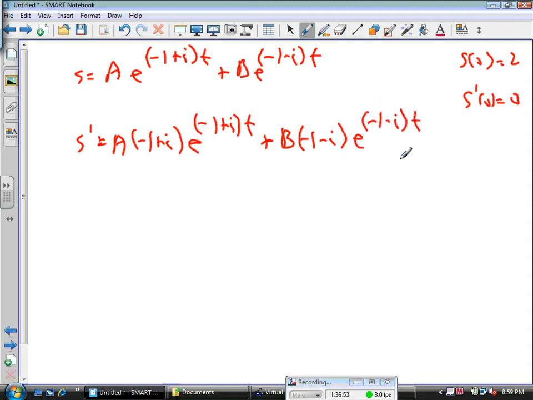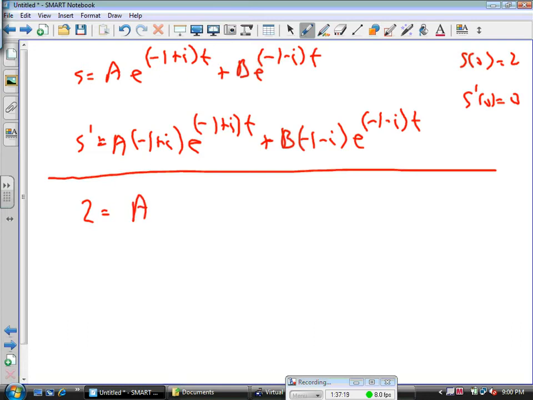Now this looks like a beast, and it is. But my promise to you is once you plug in the initial conditions and you apply Euler's identity, all the i's go away. Okay, hang on. Here we go. Let's plug in S is 2 when t is 0.